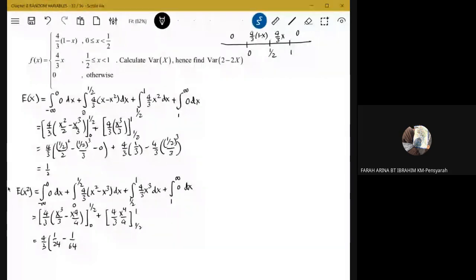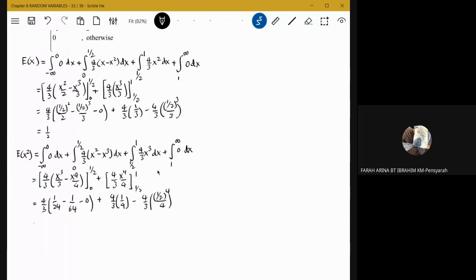And then here will be 4 over 3, 1 over 4, minus with 4 over 3, 1 over 64, a half to the power 4 divided by 4. Okay, so we're gonna have the EX square to be 25 over 72.